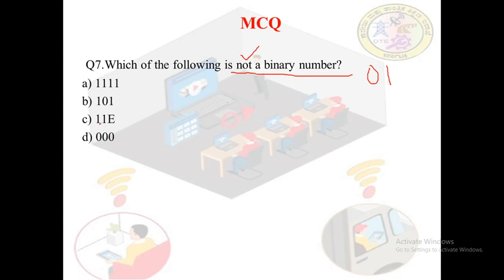Option C, 11E. In binary number system, we do not have any alphabets, therefore this cannot be a binary number. Option C is the right answer. Also, option D, 000. 0 belongs to the binary number, so it is a binary number. So the right answer here is option C.